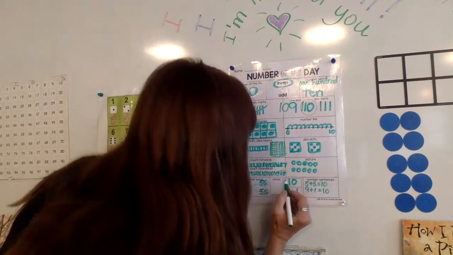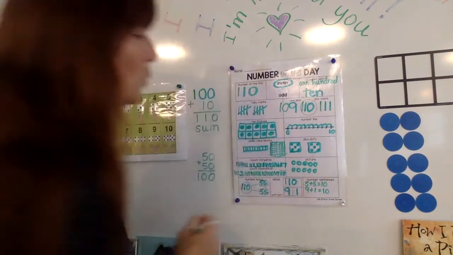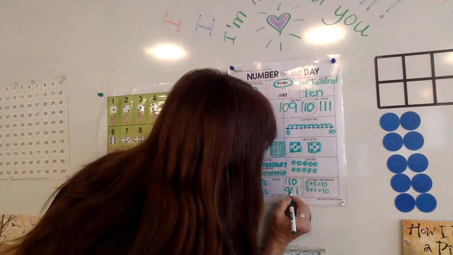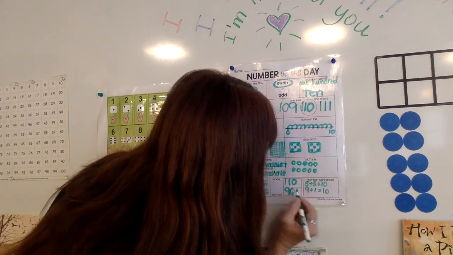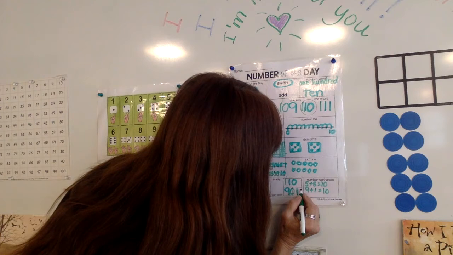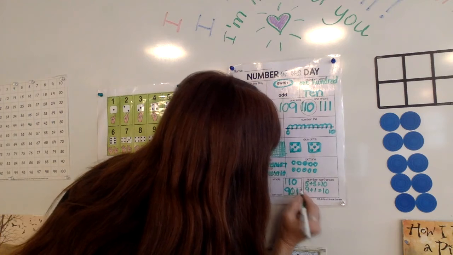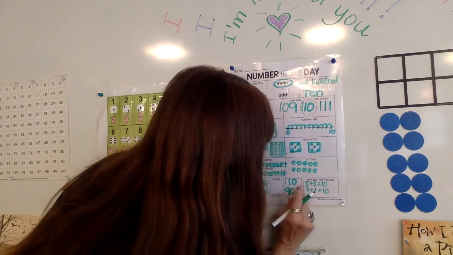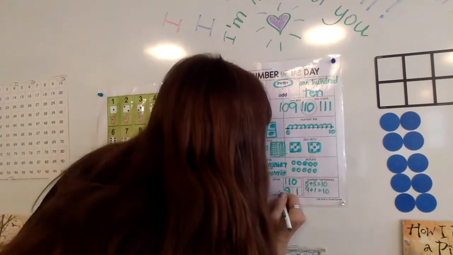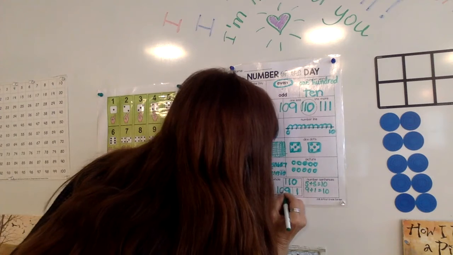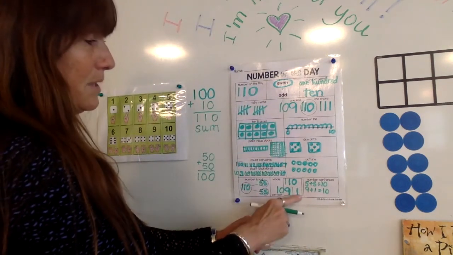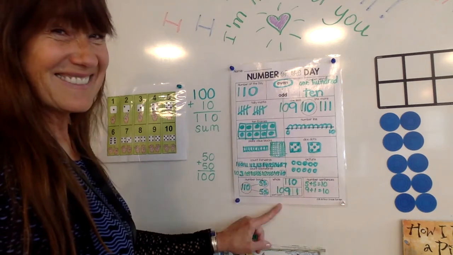I would have to change my whole number to 110, and I'm going to make this 90 plus, no, I'm not. 90 plus 10 is 100. What am I doing? Oh, I'm going to make 90, or I could do it this way. 109. 109 plus 1 more is 110.